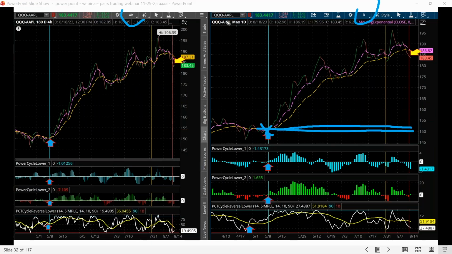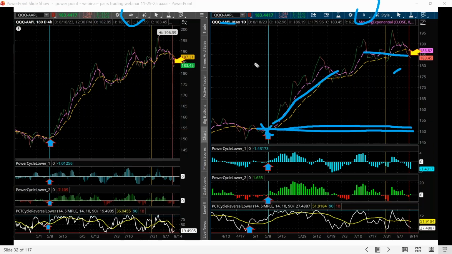Okay, and then what happened? QQQ started to outperform Apple, and you can see that spread really trending up, holding a nice trend up. Taking a mark there, at that point QQQ was $183.45 above Apple.